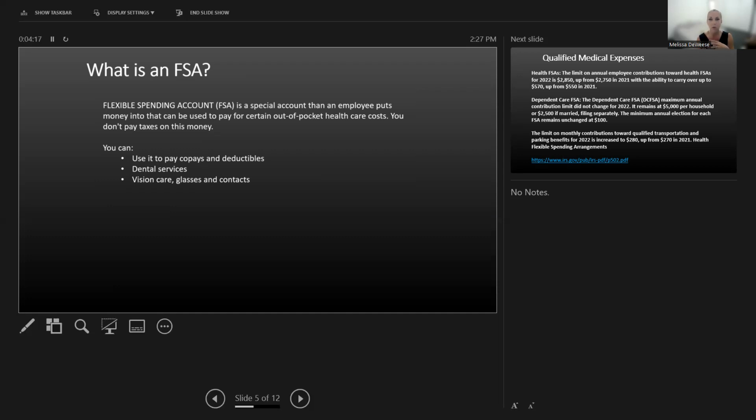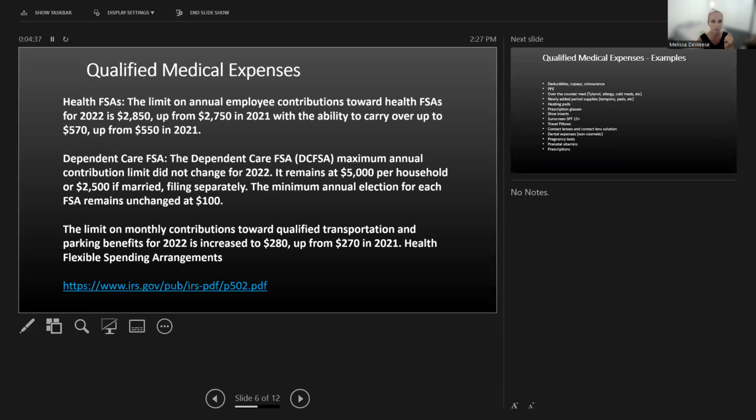They're paying with pre-tax money. So most employees are saving 20% right off the bat of all health expenses on their copays. They can use this money for copays, dental services, deductibles, vision, and other out-of-pocket expenses that aren't completely covered by their medical plan or dental or vision.